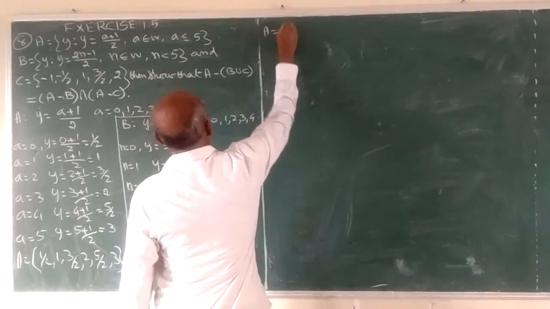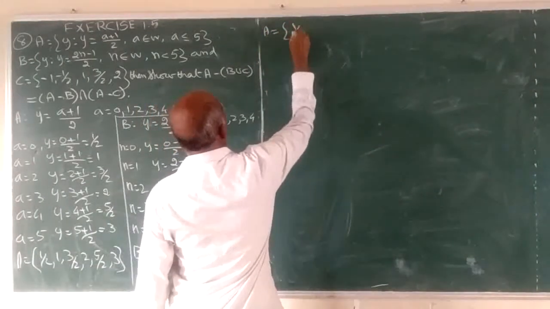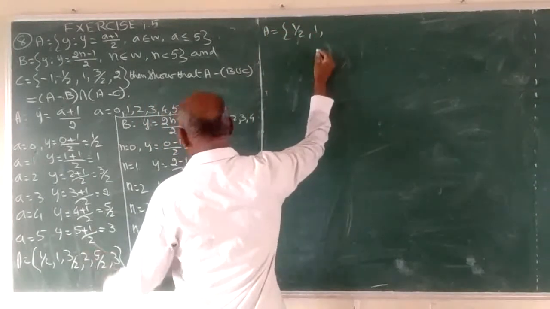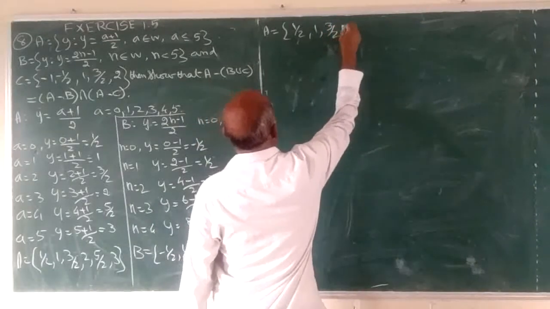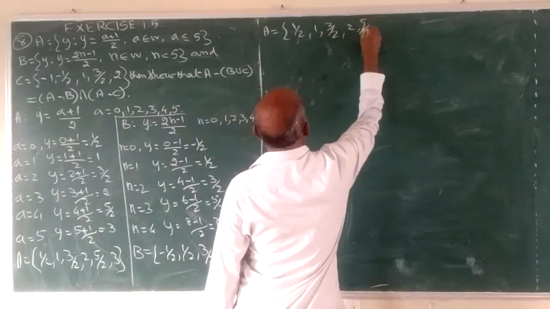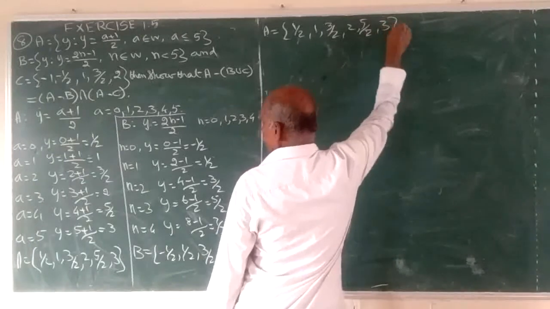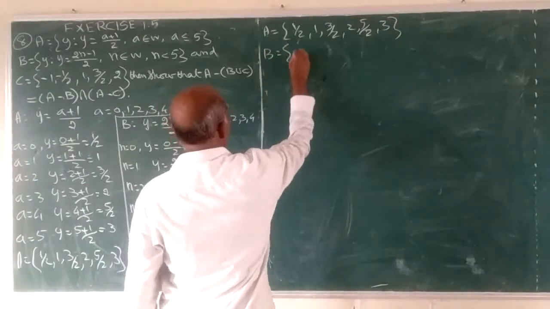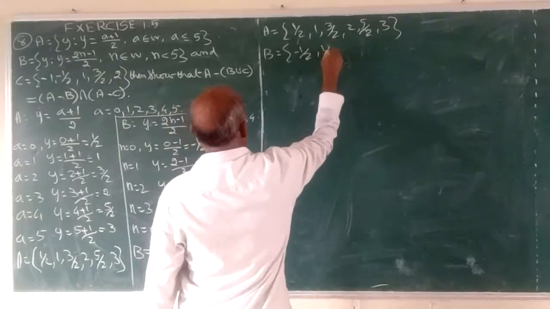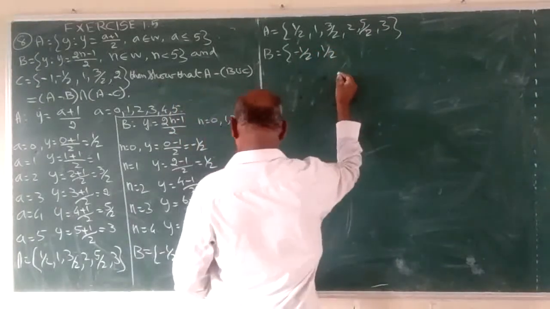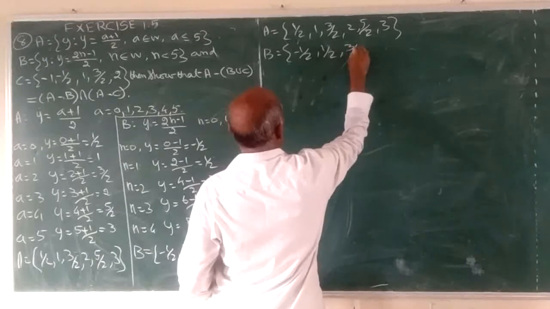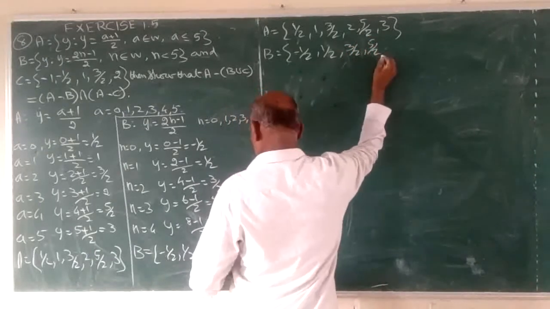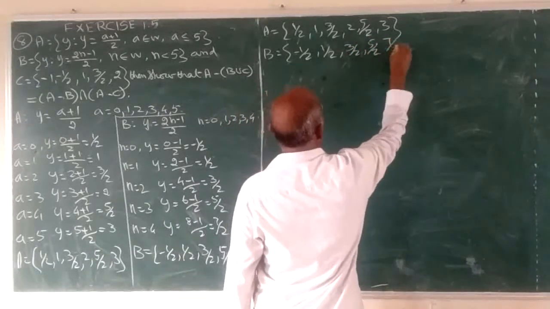A equal to 1 by 2, 1, 3 by 2, 2, 5 by 2 and 3. Set B is minus 1 by 2, 1 by 2, 3 by 2, 5 by 2 and 7 by 2.